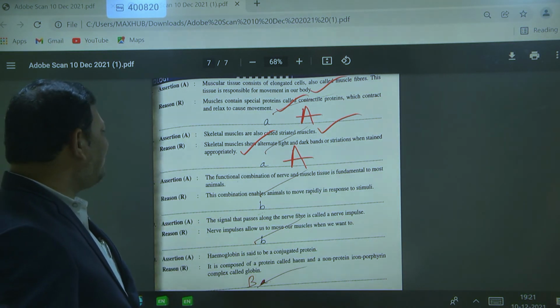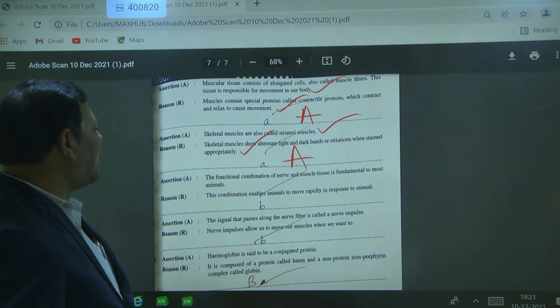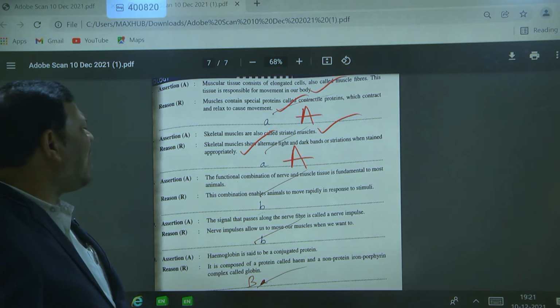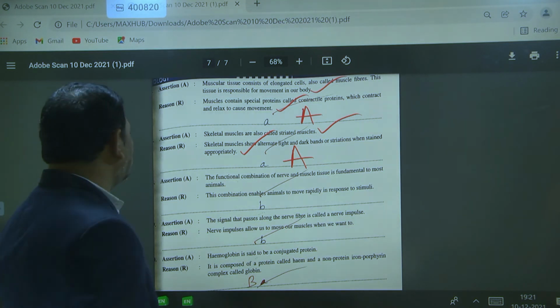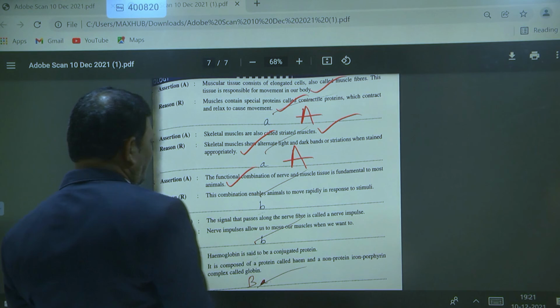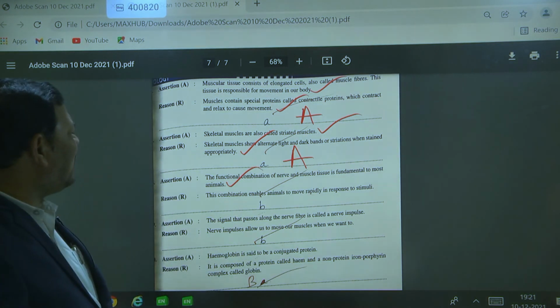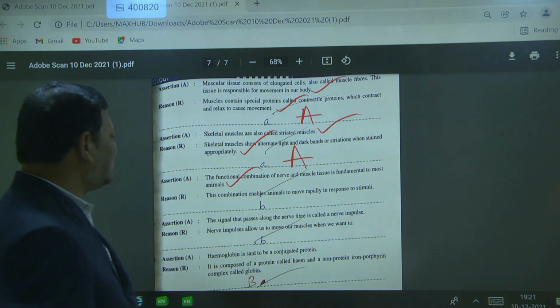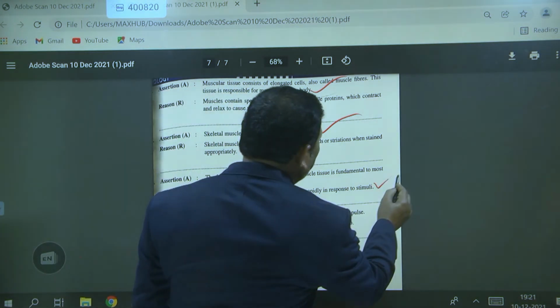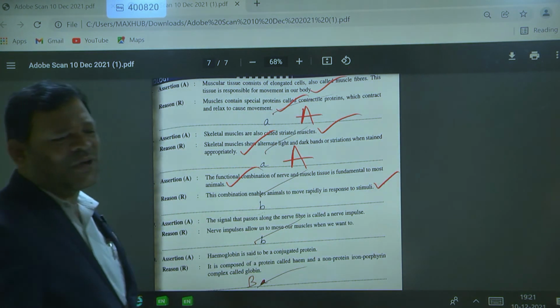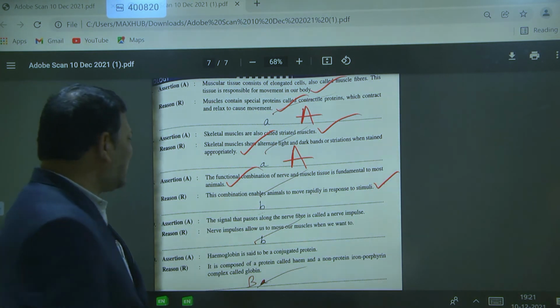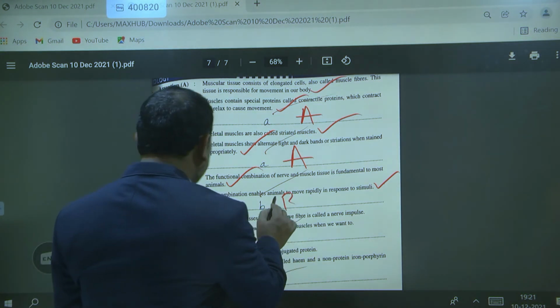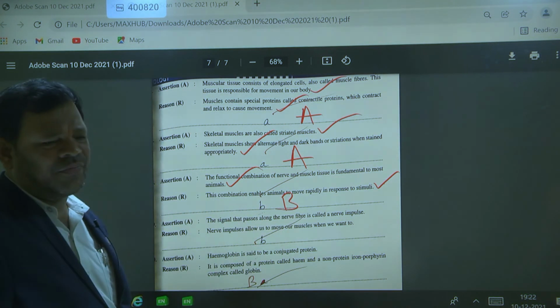Next, the functional combination of nerve and muscle tissues is fundamental to most animals. True. The combination enables the animal to move rapidly in response to stimuli. This is also true, but it is not the correct explanation. So that's why option B is the correct answer.